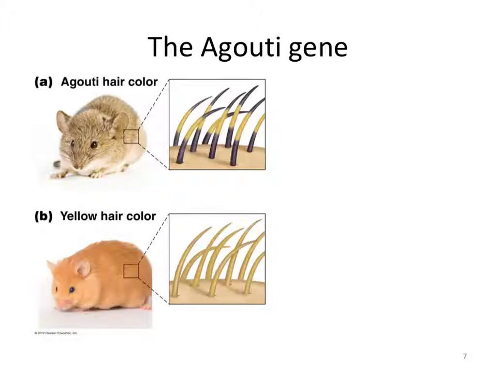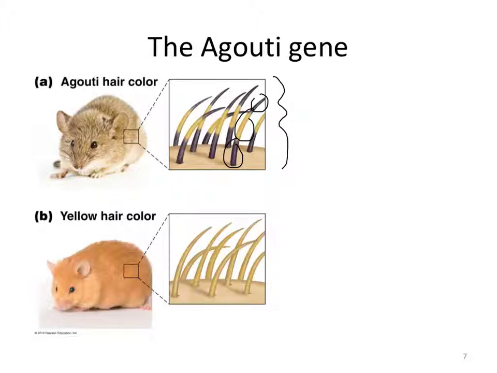The Agouti gene is a gene that controls patterns in coat coloring, and it's been very well studied in mice, although it does actually exist in other animals. The Agouti phenotype is shown in the top part of this figure. So in normal or wild type mice, we see this banding pattern where pigment's been laid down in different portions of the hair shaft making up the animal's coat.